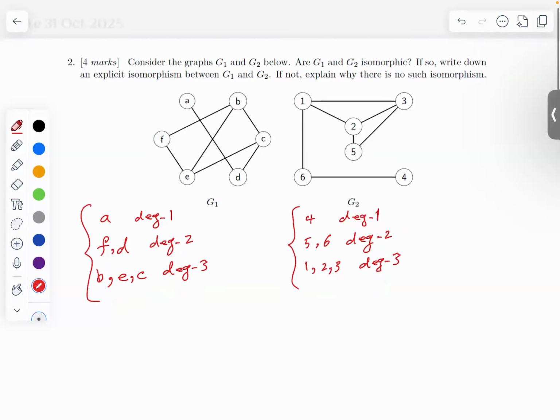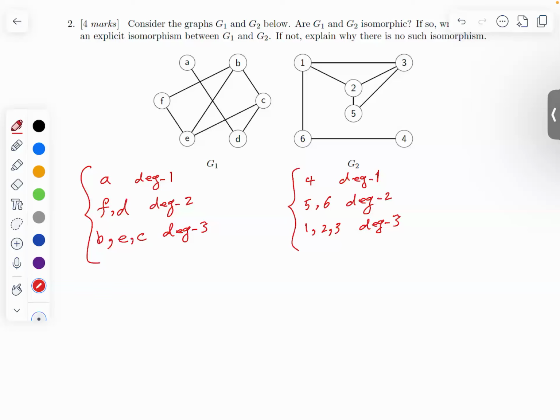All right. Now we see here the only degree 1 should really be this one. So A, let's write in this way, A will go to 4.